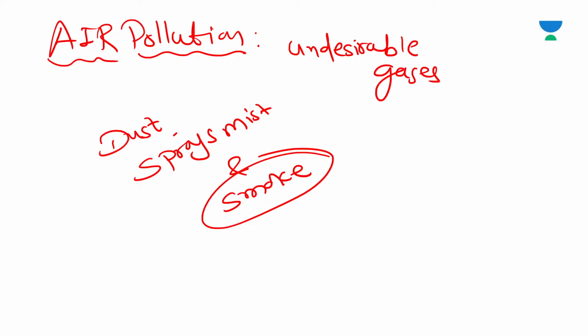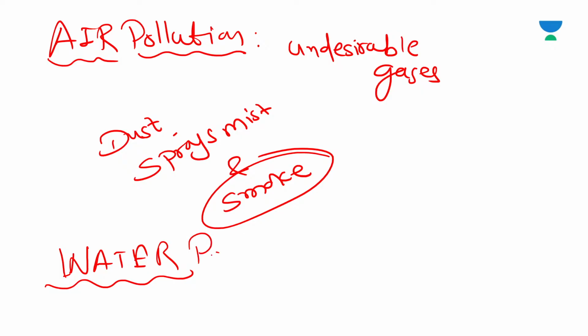Now, after air, we'll see water pollution. So, water pollution is caused by organic and inorganic industrial waste and effluents discharged into rivers.